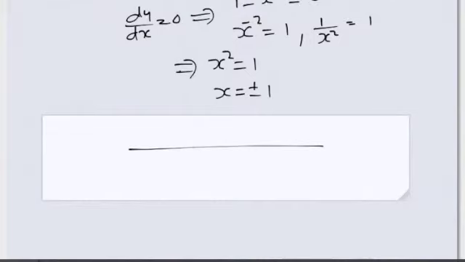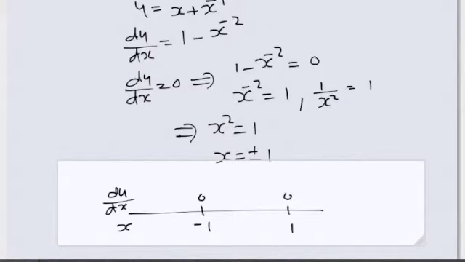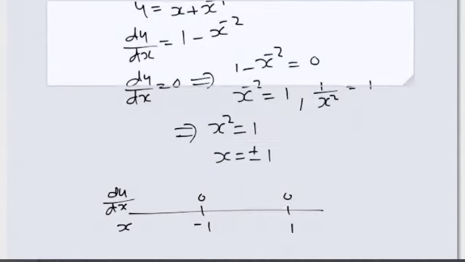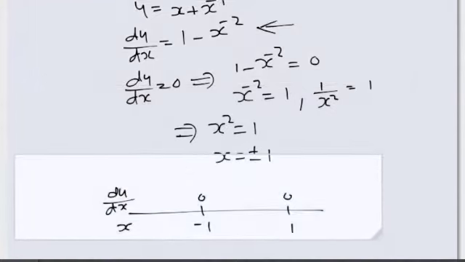So let's draw the values of x below the line, and dy/dx above the line. At x equal to minus 1, dy/dx is 0. At x equal to 1, dy/dx is 0. Now let's determine the value of dy/dx when x is less than minus 1. When we substitute a number less than minus 1, for instance minus 2, we obtain a positive value for dy/dx. So dy/dx is positive.